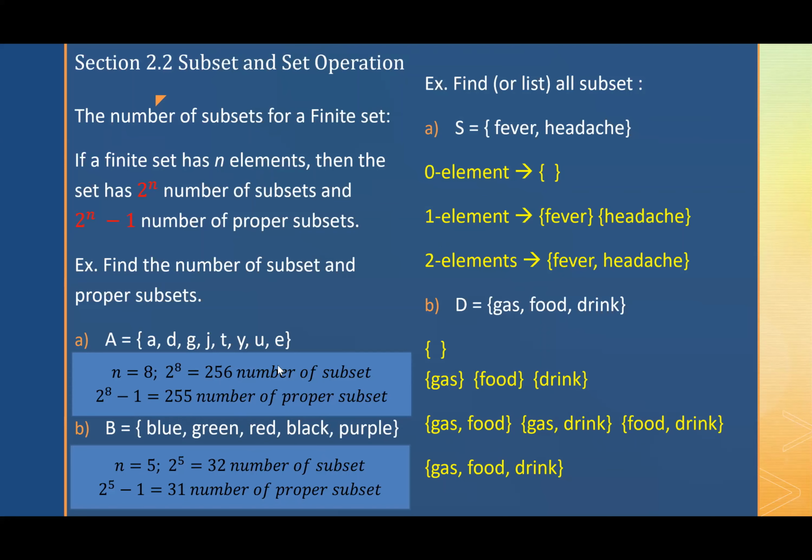But again, go back to the question of how to calculate the number of subsets, how to calculate the number of proper subsets, or vice versa, how to list the actual subsets. Any questions with these two items, calculating versus listing them out?